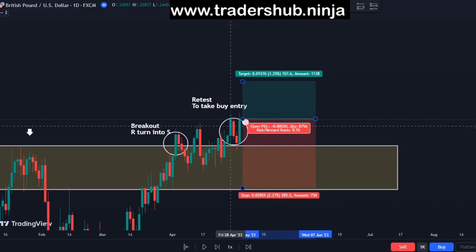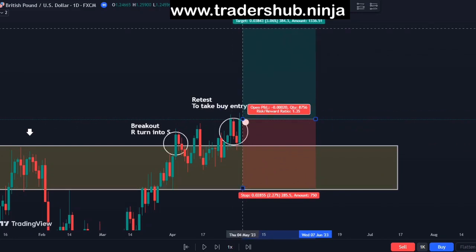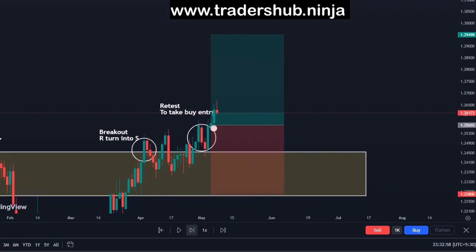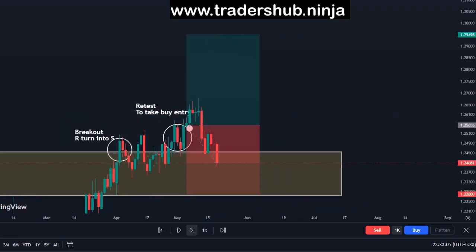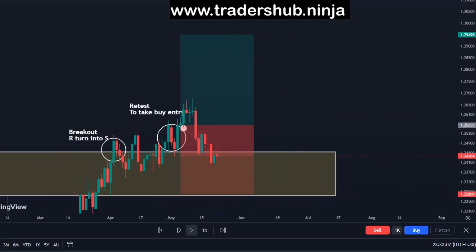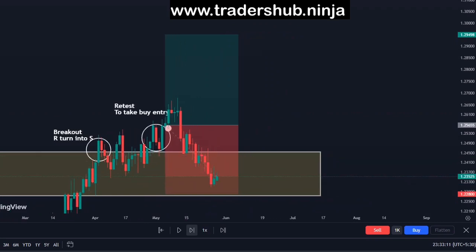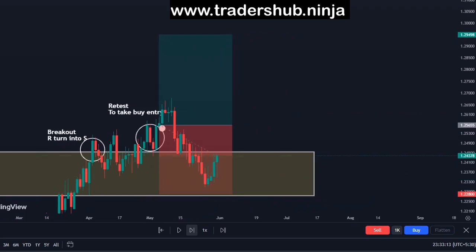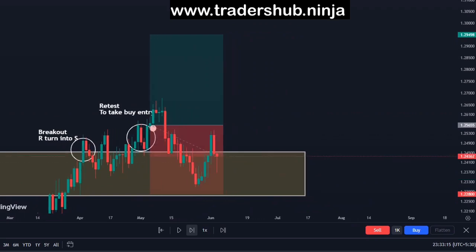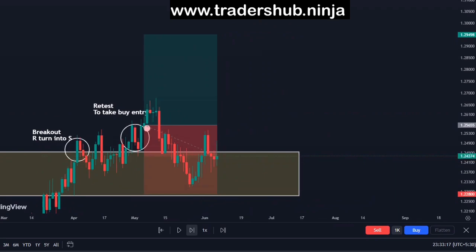Our stop loss is below the resistance zone, below the breakout level. Our target is 1:2. Buyers are taking control. A lot of bullish candles will form. The market respected the breakout level.